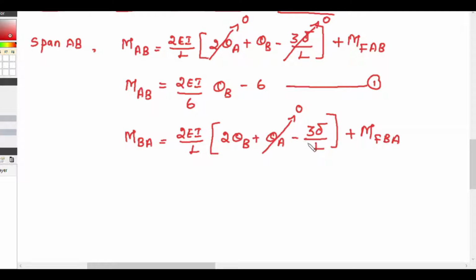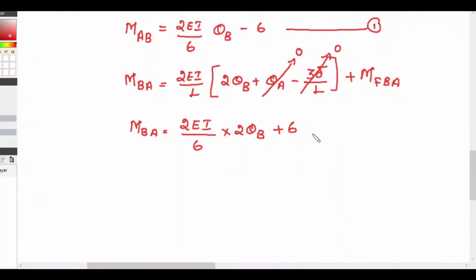We do not have any deformation, so this term becomes 0. So our second slope deflection equation is MBA is equal to 2E, I is I here, divided by L is 6, into 2 theta B, plus MFBA is plus 6. So this is our equation number 2.